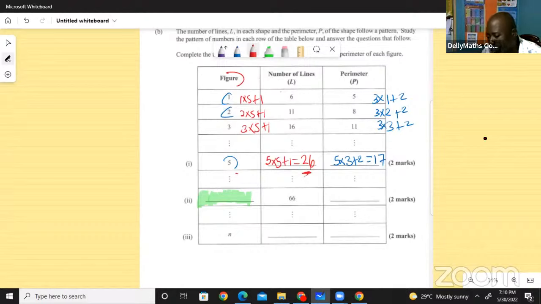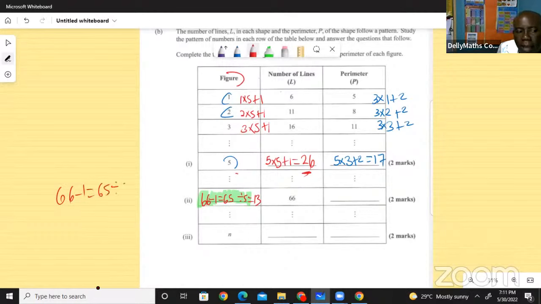So the fact that I knew how to go forward, then if I think backwards, I would do this. I would say 66, take 1 from it, I will be at 65. And then if I divide it by 5, I get 13.